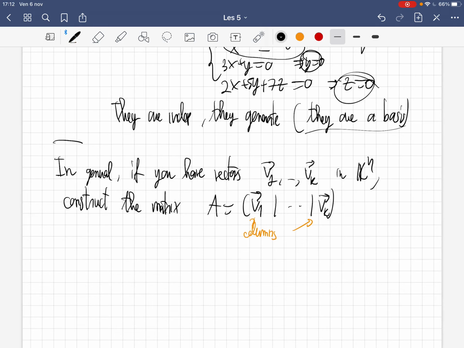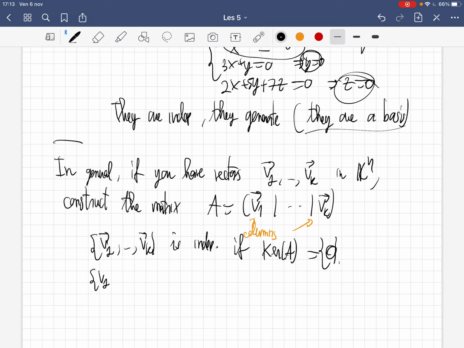And you know that this is independent if the kernel of A is 0, and this is generating if the image of A is all of R^n.